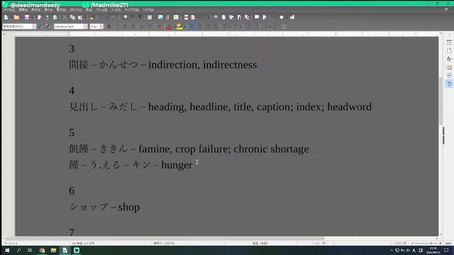Kikin no kin is hunger. Hard to find food. Kikin no kin.